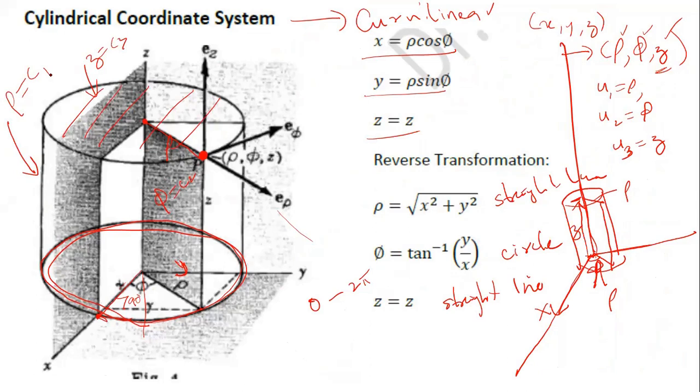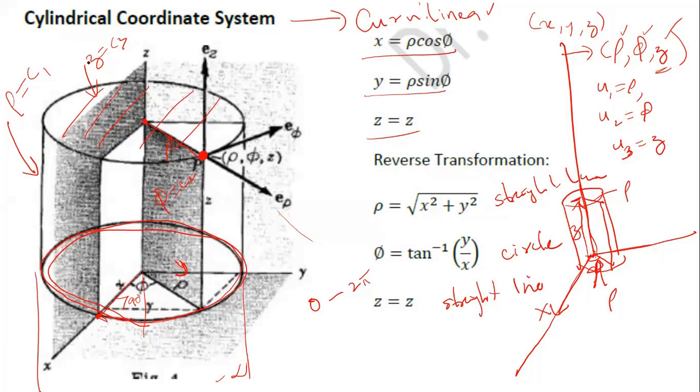So if you consider the intersection of rho equal to C1 and z equal to C3, rho equal to C1, as I have just explained, is an infinite cylinder extending from minus infinity to plus infinity, and z equal to C3 is an infinite plane cutting the z-axis at 90 degrees.